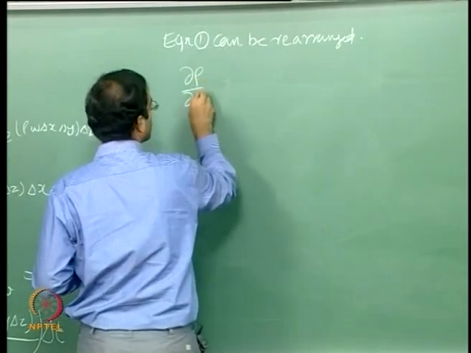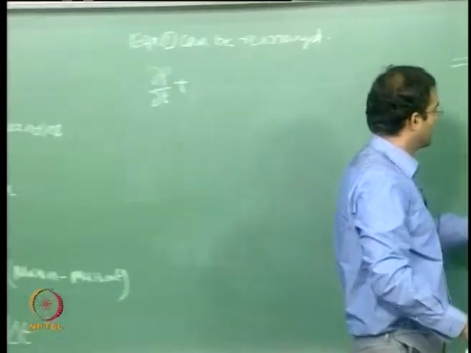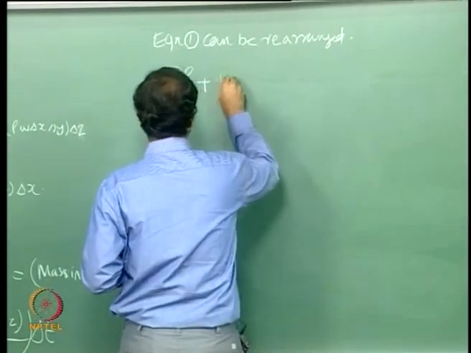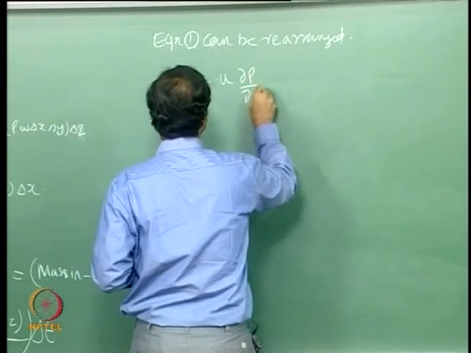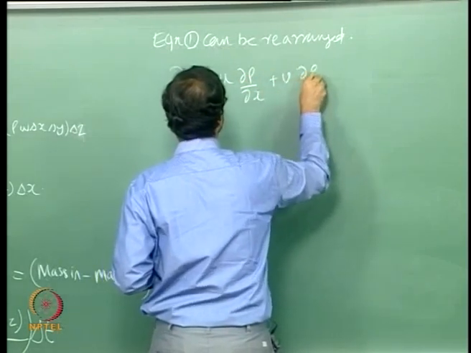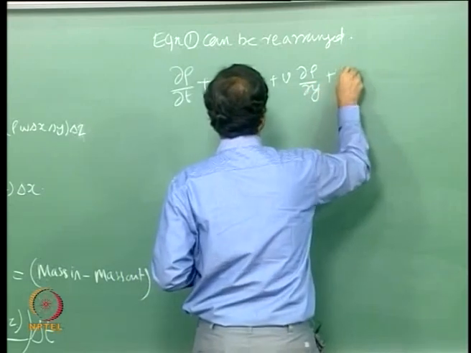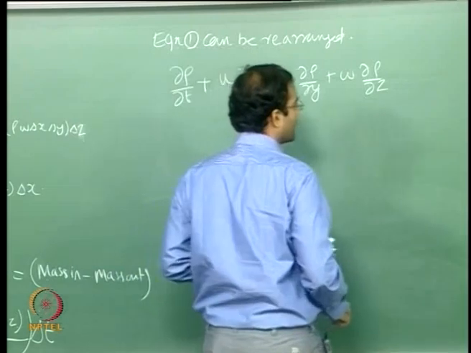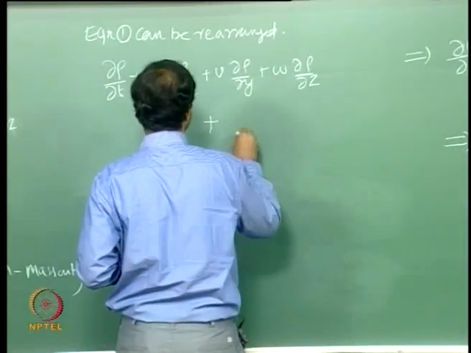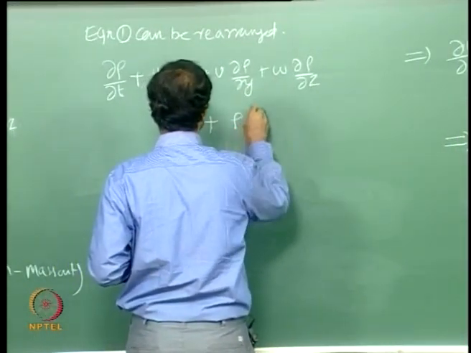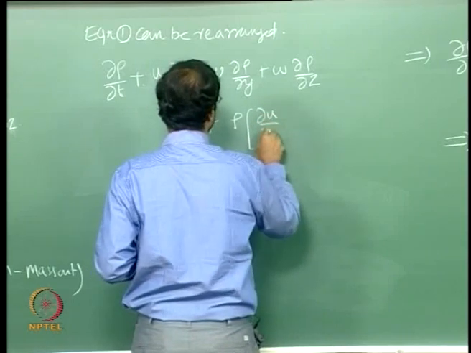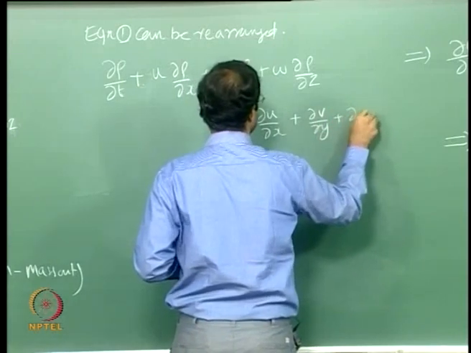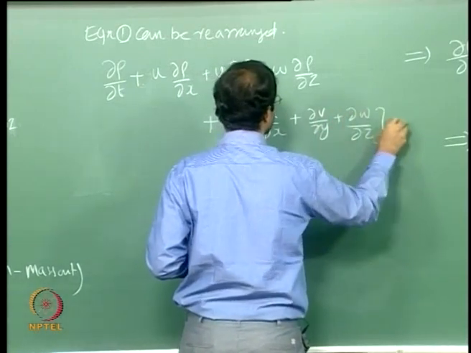We can write d rho by dt plus we can expand the derivative of rho u, splitting it up as u into d rho by dx plus v into d rho by dy plus w into d rho by dz, plus you can take rho common and write this as du by dx plus dv by dy plus dw by dz, this is equal to 0.